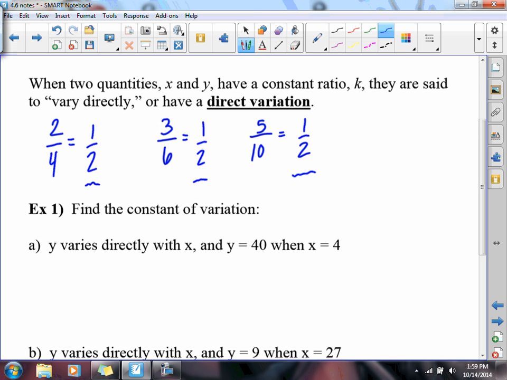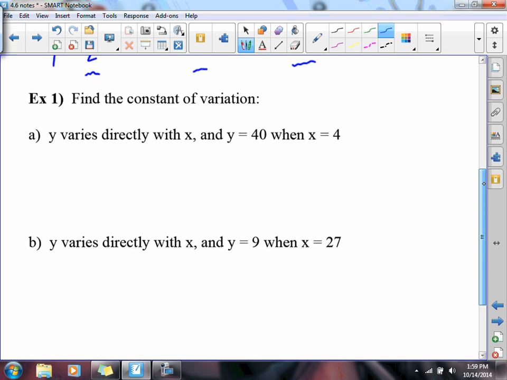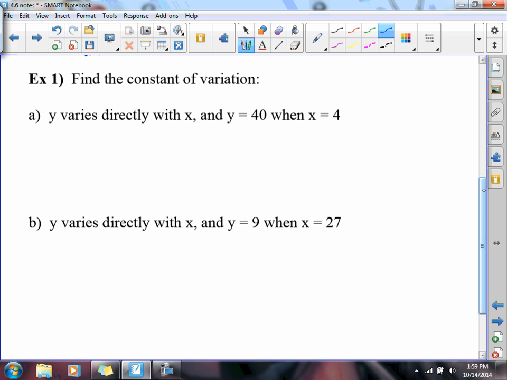So that is their ratio of direct variation, or their direct variation constant. Okay? So that's what we're going to find in example 1. We're going to find the constant by which these two variables are related to each other.